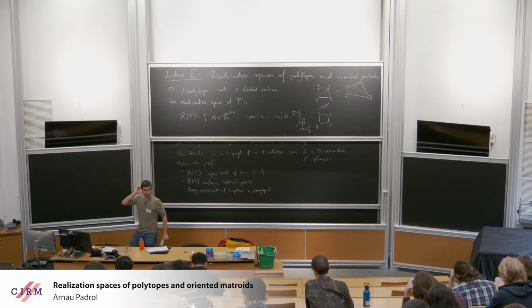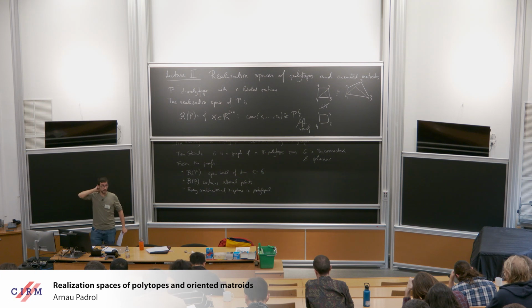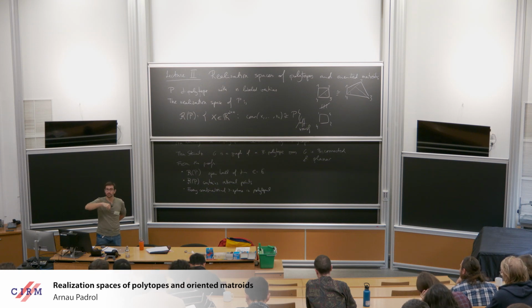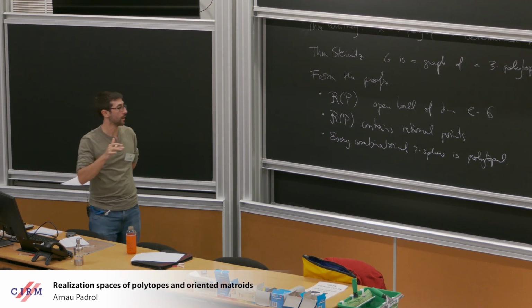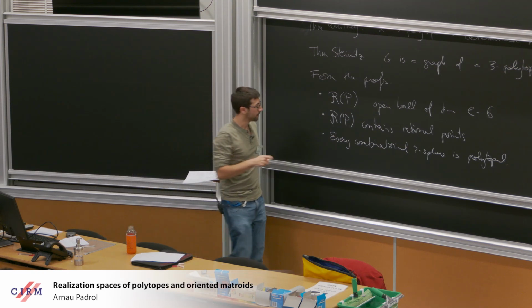Here I'm a little bit vague on what a combinatorial two-sphere is, but let me keep it that way. You choose your favorite graph, you draw it, it's three-connected and planar, so you get something which is just combinatorial or topological. You know that there will be a rational realization, a convex realization, okay?